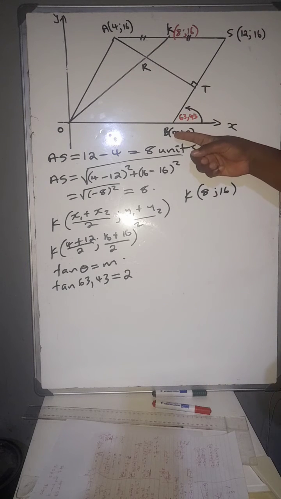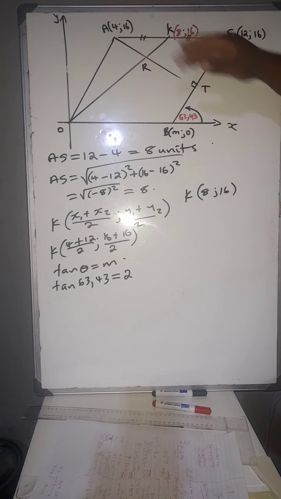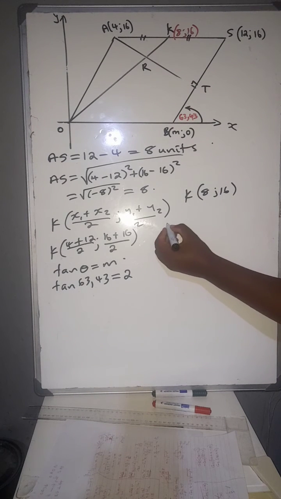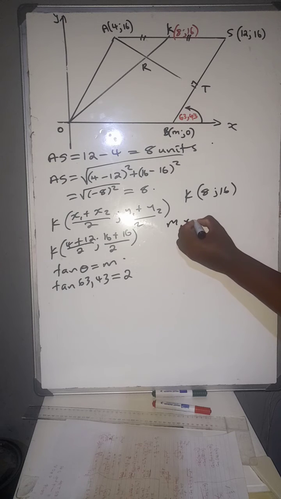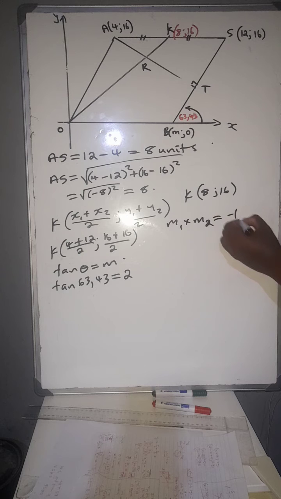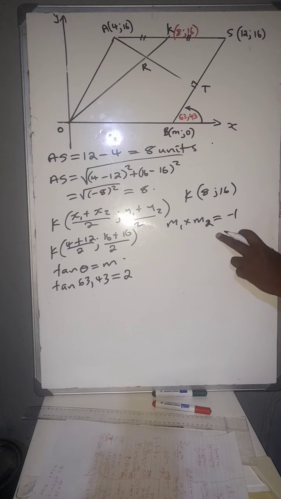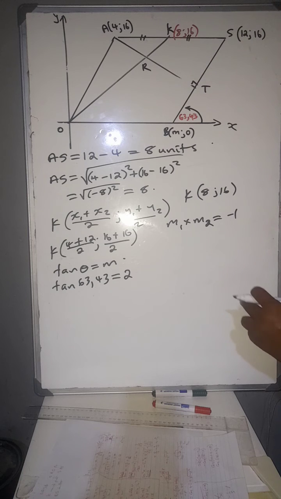We do have the gradient of BS, that is 2, and the line in question here is perpendicular to the line that we already have. So we know that m1 times m2 is equal to -1 if and only if the lines are perpendicular, and these two lines are perpendicular.